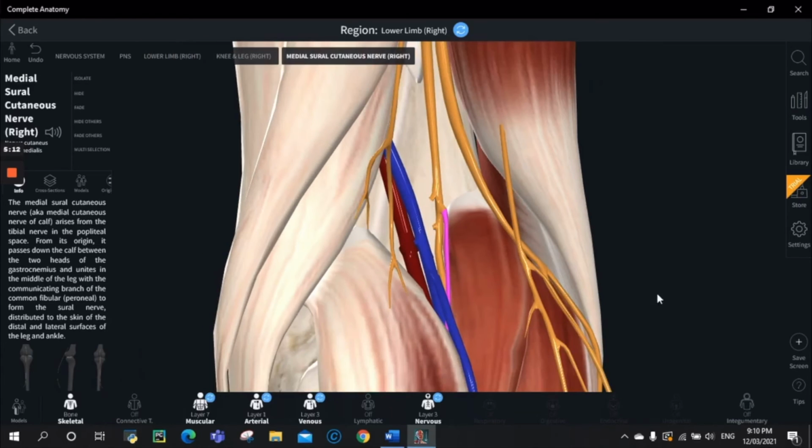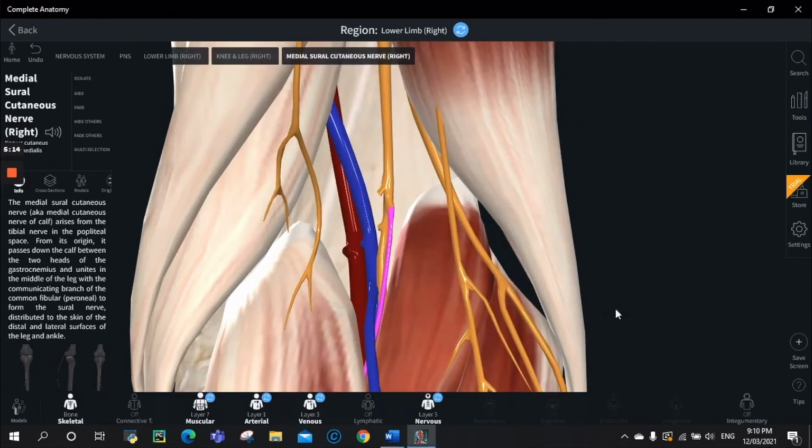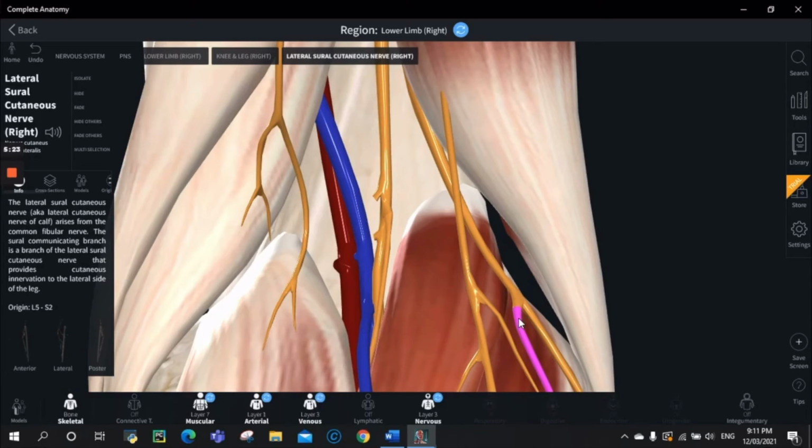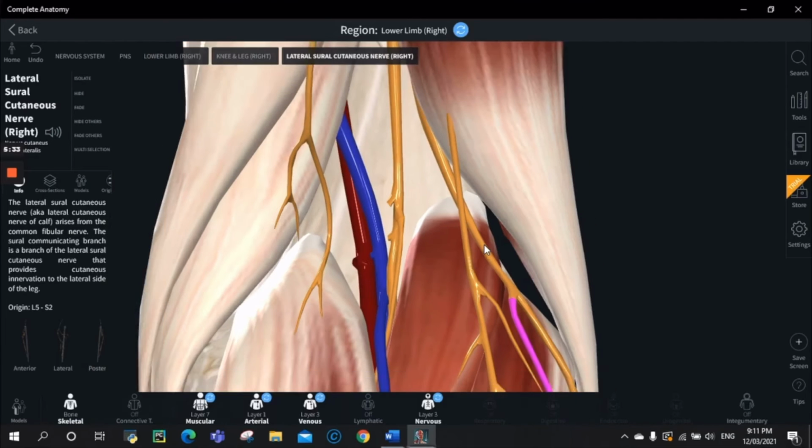The last cutaneous nerve we have right here is a branch of the common fibular nerve. It's this one, and it's called the lateral sural cutaneous nerve. And if you remember, the common fibular nerve was the lateral branch of the sciatic nerve, so it also gives rise to the lateral sural cutaneous nerve.